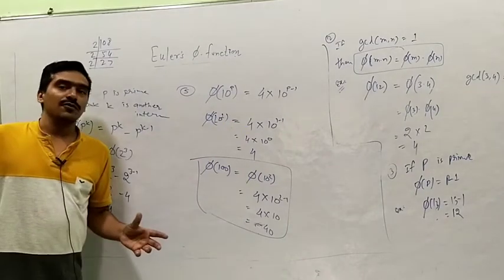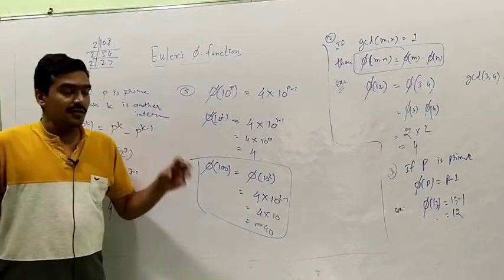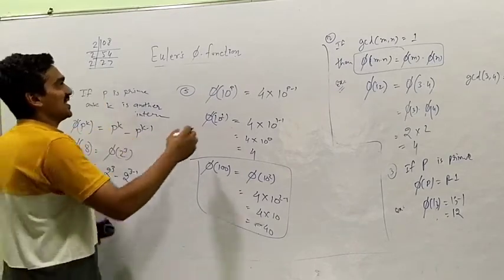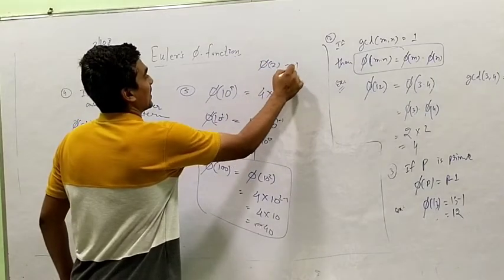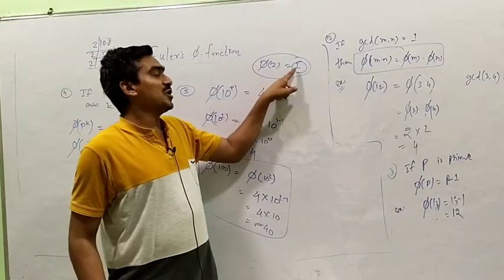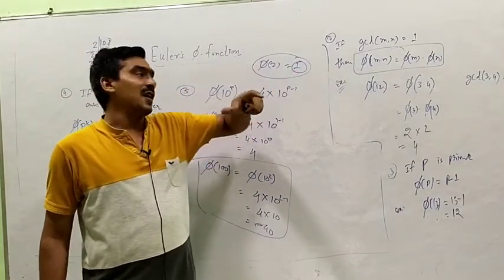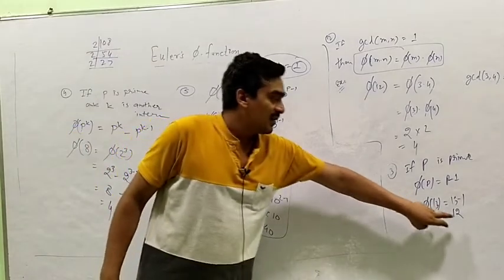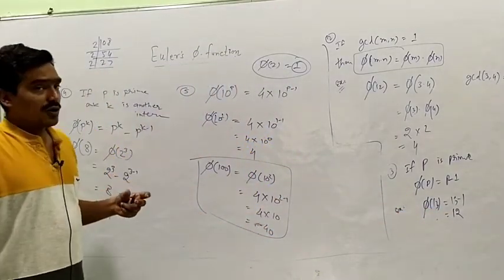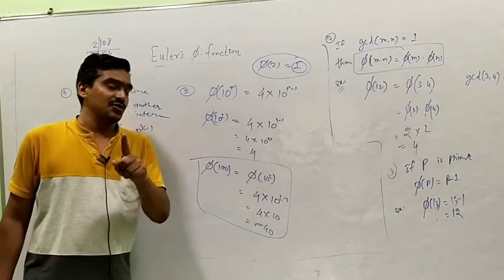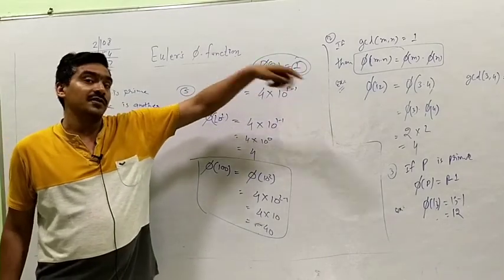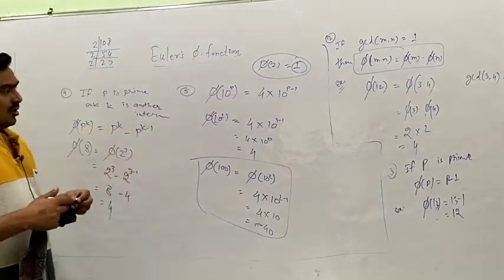All the values of the phi function are even numbers except phi 2, because phi 2 is equal to 1 and 1 is odd. For all integers except 2 you will get an even number, and phi 2 is equal to 1 which is odd.